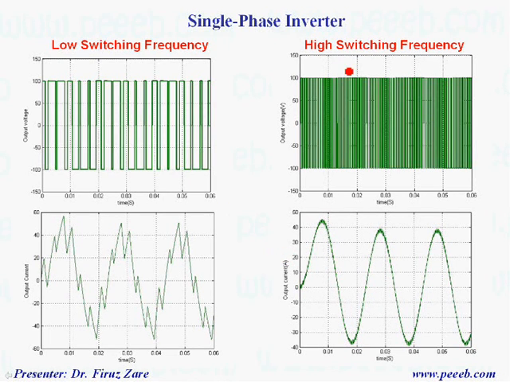Even if we increase the switching frequency more, we can see that the ripple is decreased. So this is the output current. If you compare this current waveform with this one, we can see there is a significant change between them. This case has more switching losses, while this one has less, but the ripple is more than with this method.